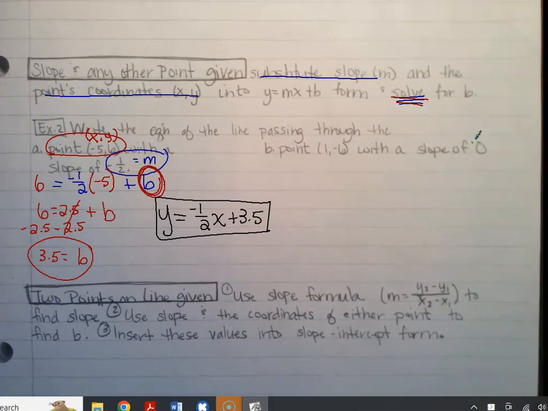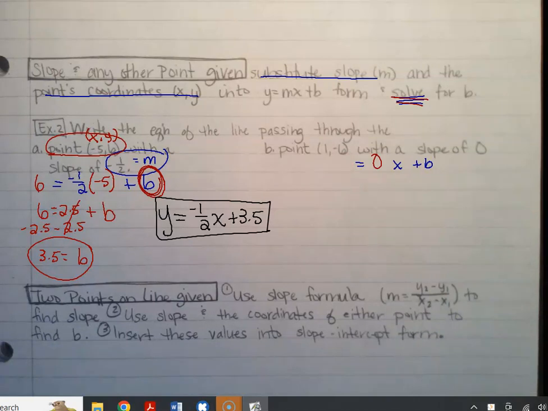So let's think about where we're starting. Y equals mx plus b. What's our slope? 0. Our slope is 0, so I'm going to put 0 in there. What's our y? 1 or -6?